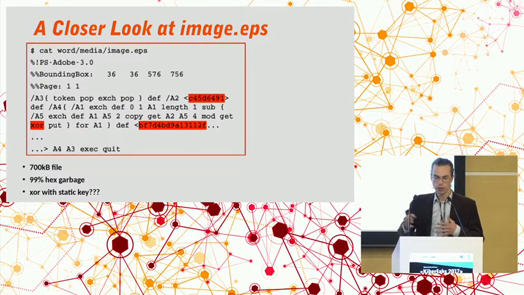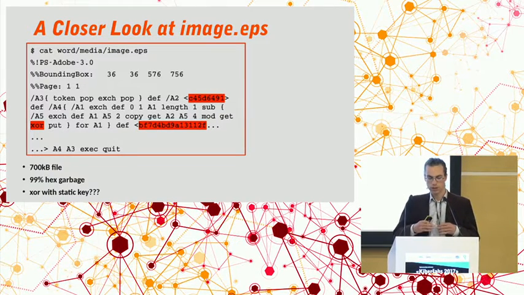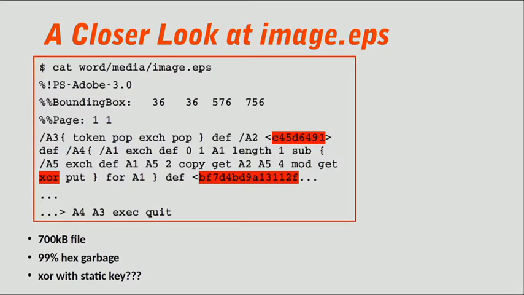There is a small header with a human readable part with some tokens, and then comes a huge hexadecimal part, which takes like 99% of the file.